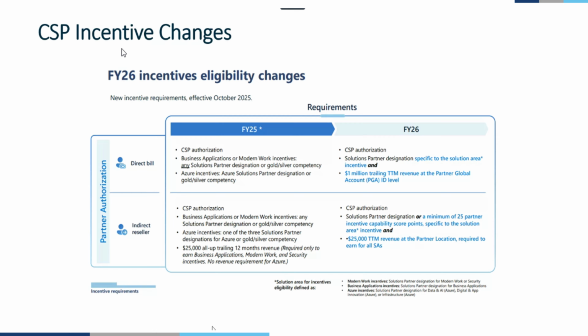As long as you're working towards it and Microsoft sees that, you can still take advantage of those incentives at this point. Whereas as a direct bill reseller, you'd have to meet the $1 million in order to continue to get the incentive and have the solution designation. So there are advantages to going indirect.